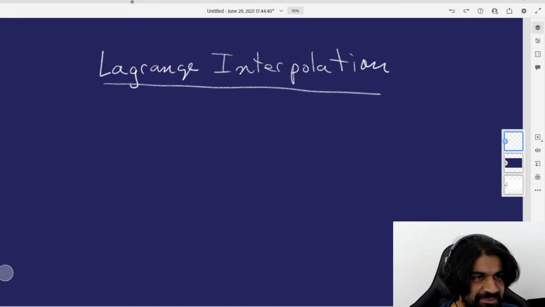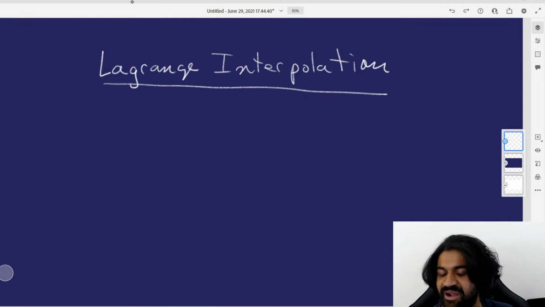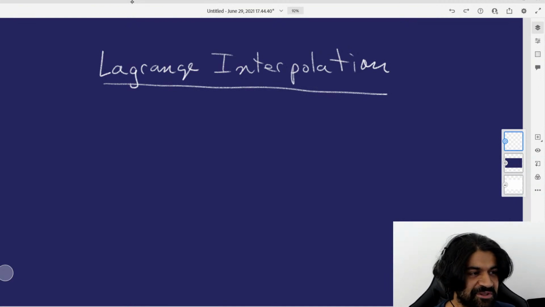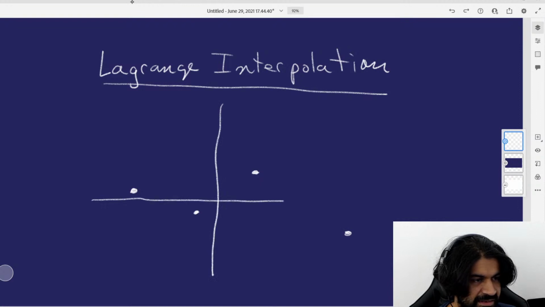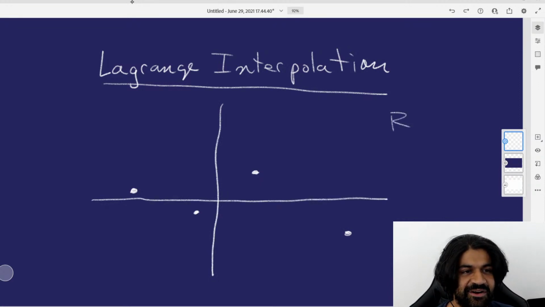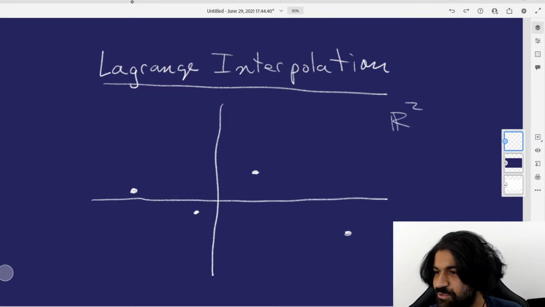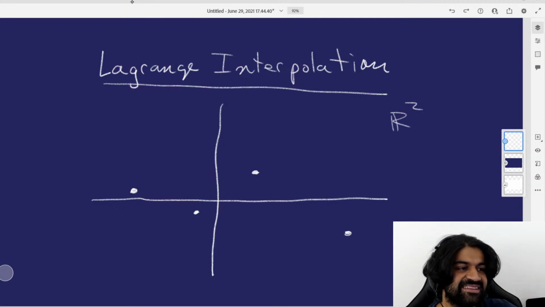It's coming up in a second, but I just want to tell you quickly what Lagrange interpolation is. Lagrange interpolation is very simple. So let's say you have maybe 4 points inside R2, right? If you like, you can say that they're 4 data points, whatever, right?